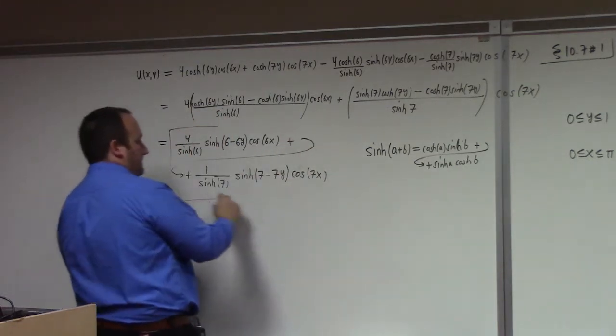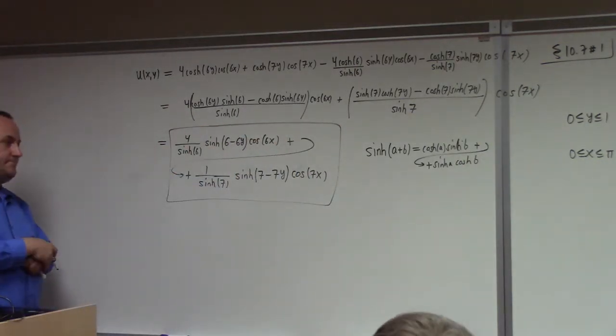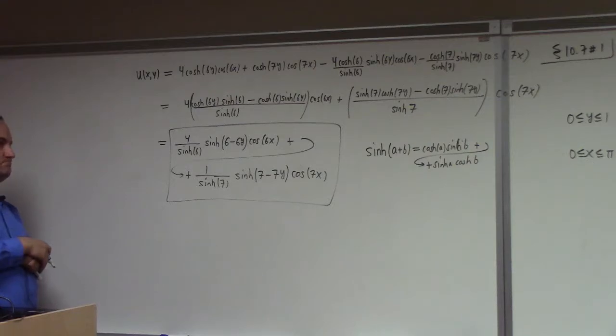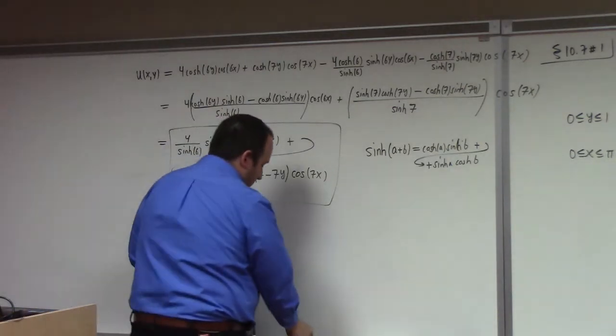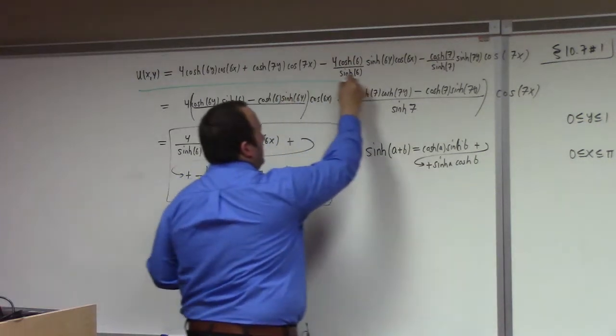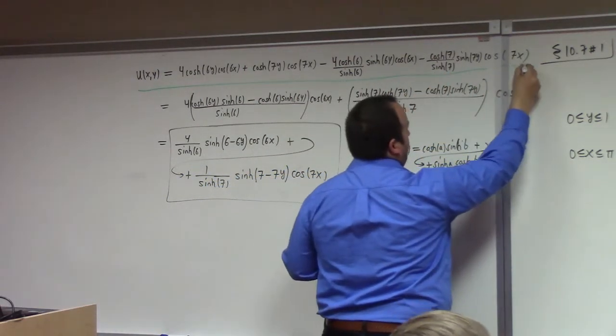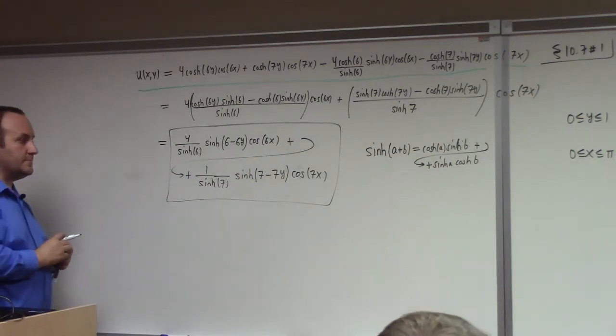And there you go. That's about as nice an answer as I can come up with. Of course, I'd give you a lot of partial credit in this kind of problem if you just got to this point, you know. But full credit is what I wrote. Especially if I say simplify your answer.